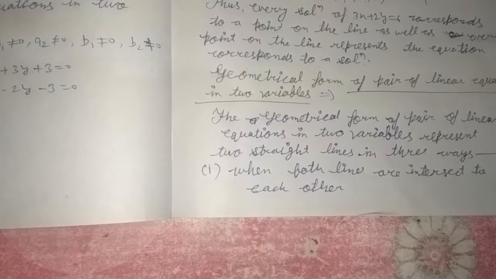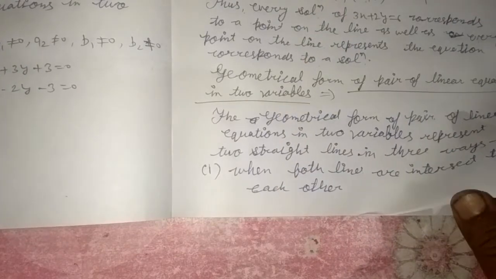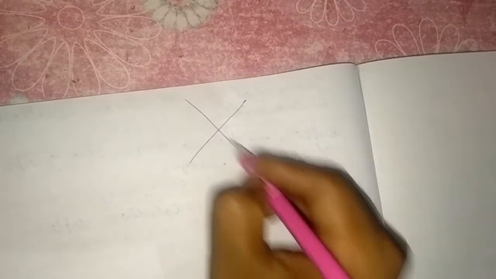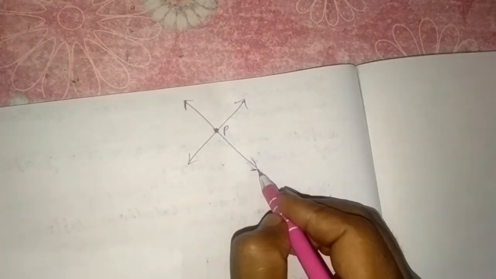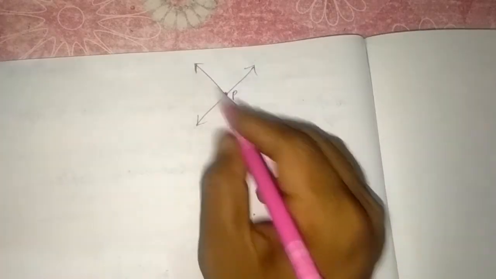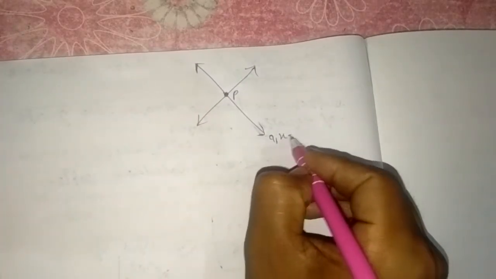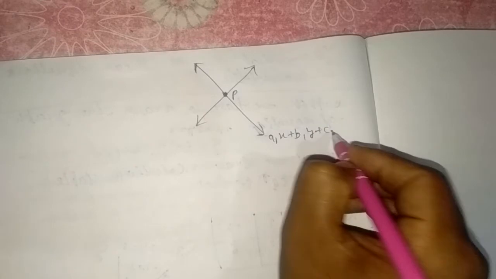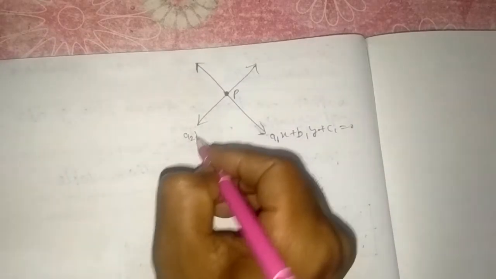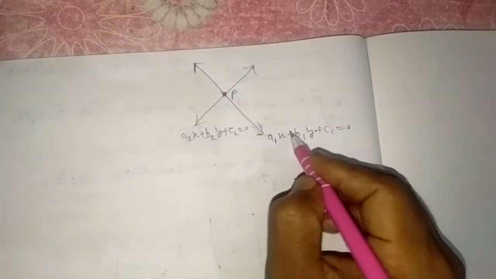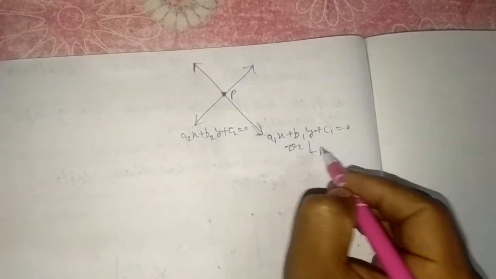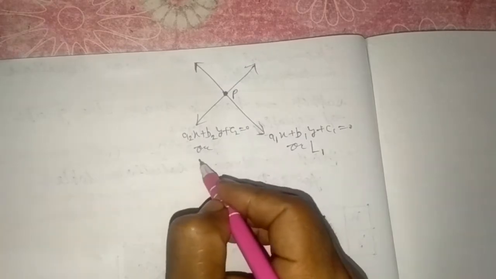Okay, so you can look at the figure this way. Suppose the intersection point is this P, and suppose it is the first line. So its equation will be a1x plus b1y plus c1 equals 0, and also a2x plus b2y plus c2 equals 0. In a short way you can write L1, and also you can write L2.